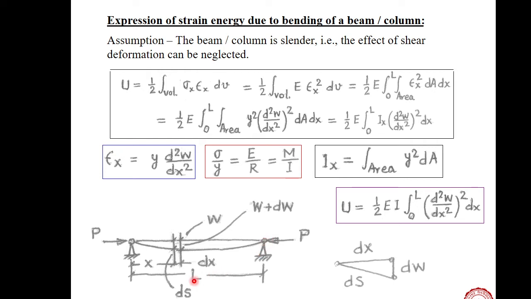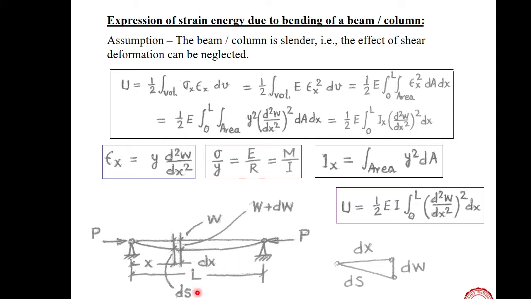If we calculate the change in length of this column, this capital L is the initial length, and say after this deflection there would be some change in length of this column. Yes. And if that changed length is capital S, okay, then capital S minus capital L is the change in length, or we can say this is the movement of this force P. Yes, sir.